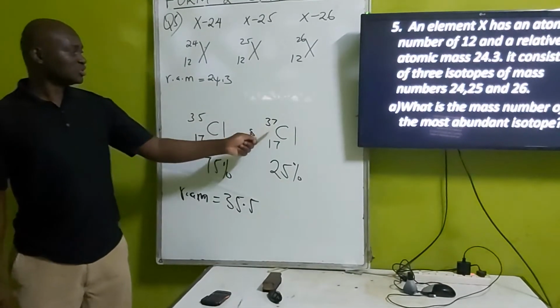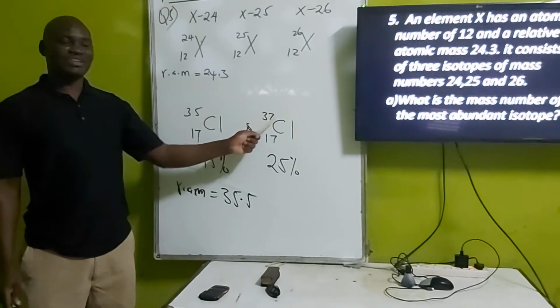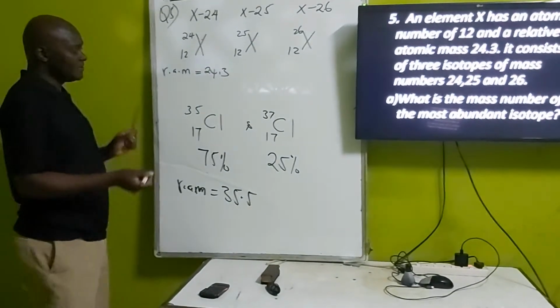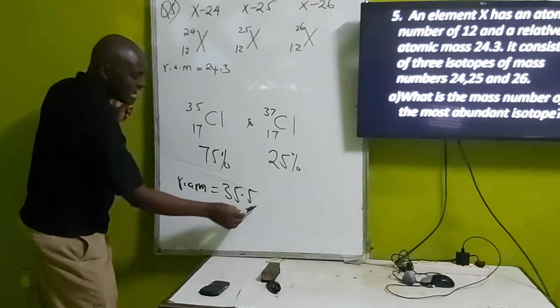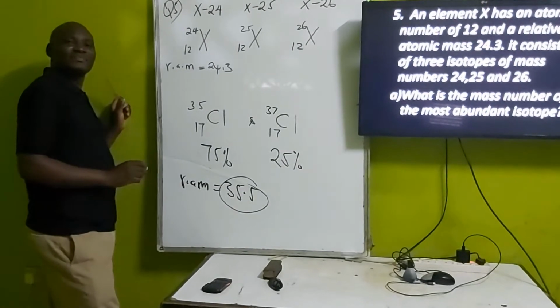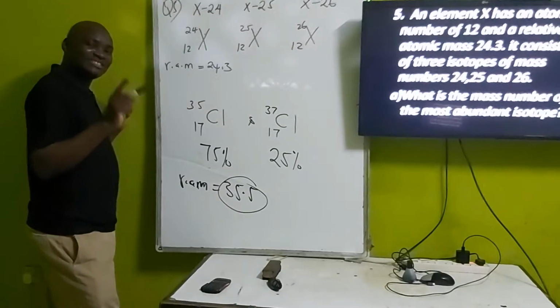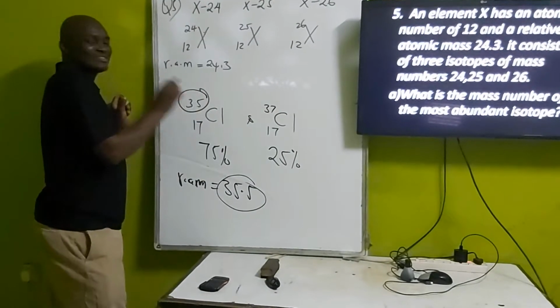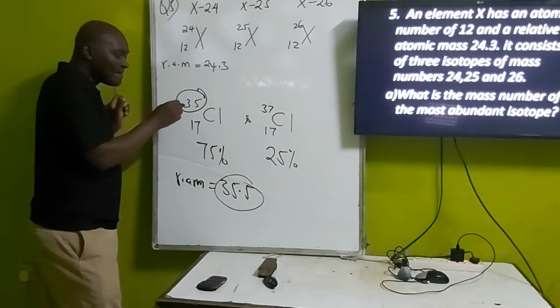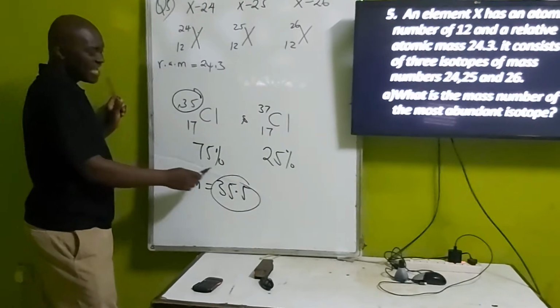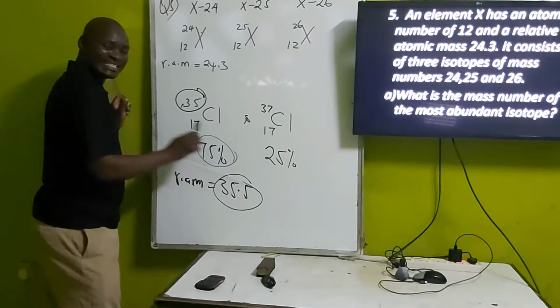It is not close to chlorine 37. So we say the relative atomic mass is always closer to the mass number of the most abundant isotope.